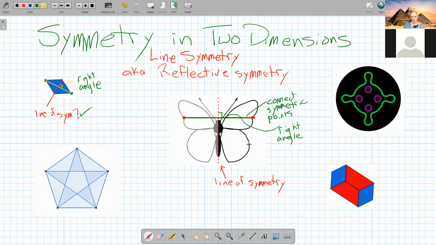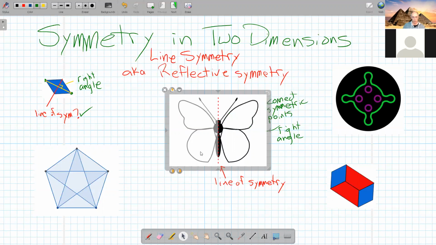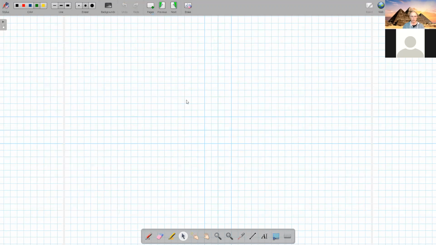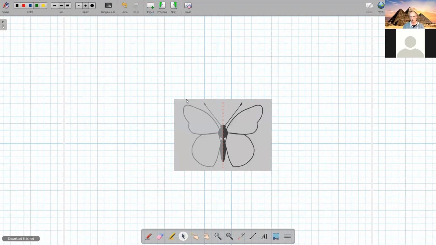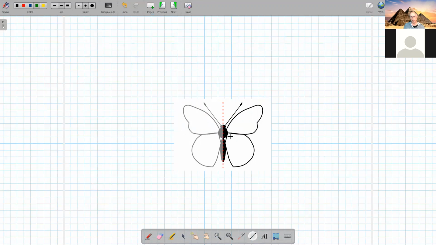So let's take this butterfly, for example, to a new page and play with it. So does this butterfly have another line of symmetry? And I'm looking at this and like, well, maybe, I wonder if through the middle here, I have a line of symmetry. So kind of rough guess, here-ish, maybe it needs to move down a little bit. So I would wonder, hey, is that a line of symmetry?